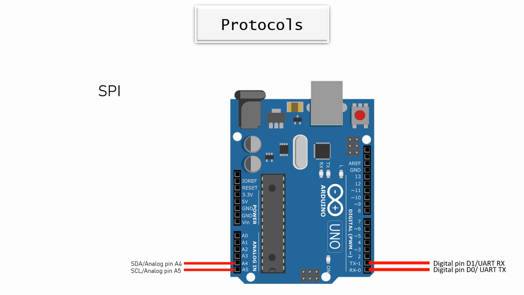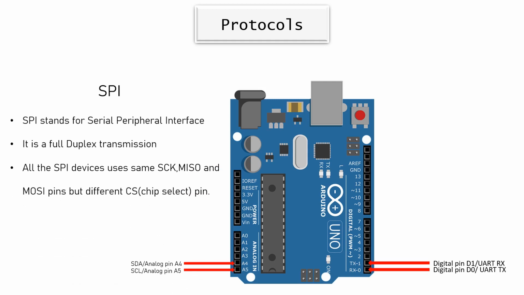Next is SPI. SPI stands for Serial Peripheral Interface. It is a full duplex transmission. All the SPI devices use the same serial clock, MISO and MOSI pins of Arduino UNO, but different chip selects for different devices. Digital pin D13 is used as serial clock.